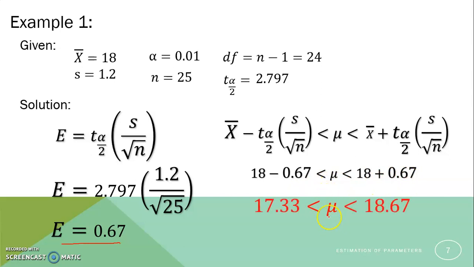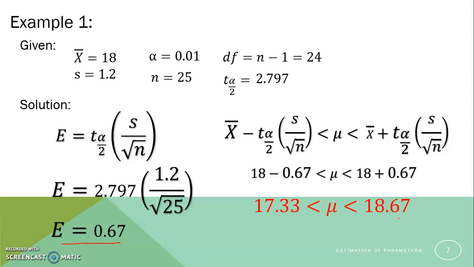And so, ang estimate nato sa atong population mean is between 17.33 and 18.67. So, ang mga magsulod diay nga mga math major, we are 99%, there's a 99% probability nga ang tinuod nga population mean sa mga mosulod pagka math major is between the ages 17.33 and 18.67. So that's how you interpret the answer.